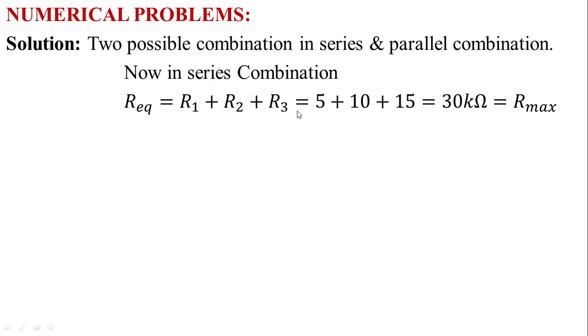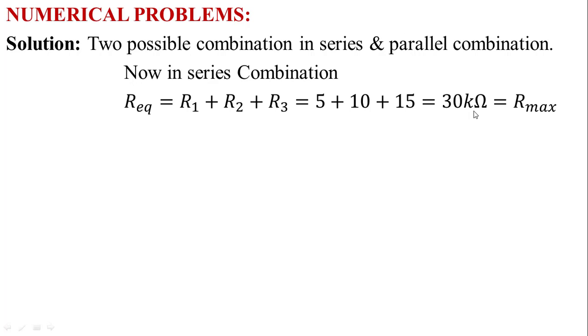Combining the three resistances, 5 plus 10 plus 15, the answer is 30 kilo ohm. 30 kilo ohm is the maximum resistance. So in series combination the resistance is maximum, equal to 30 kilo ohm.